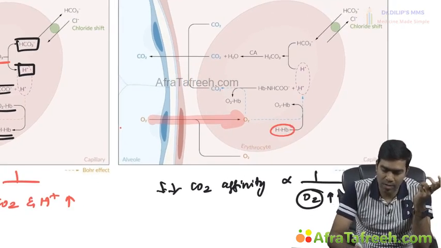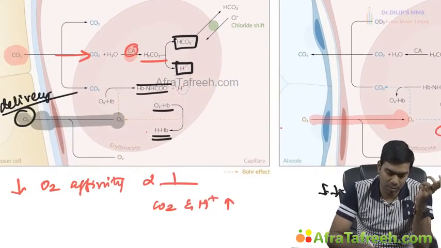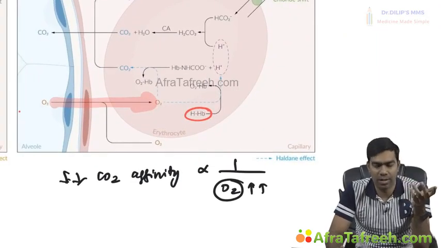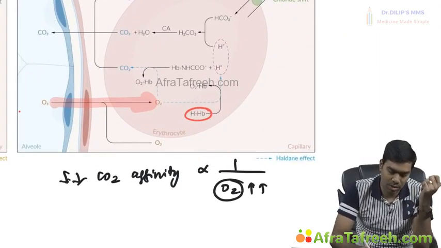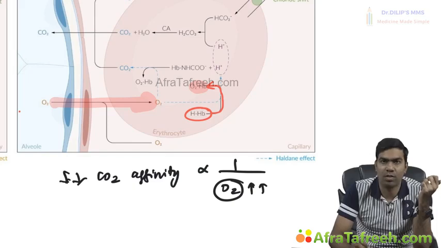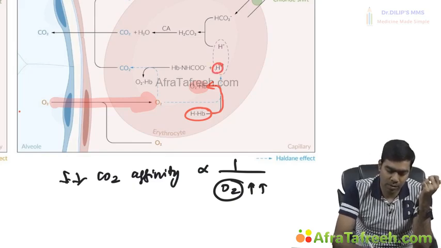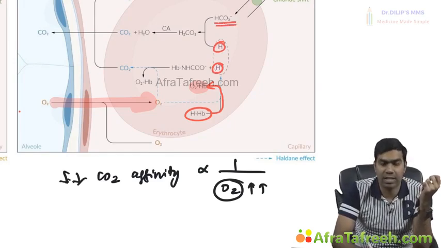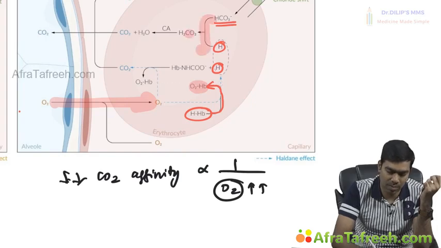This will convert the hemoglobin with the hydrogen ion that was already mixed during the previous peripheral tissue stage into oxyhemoglobin because of the mixing of the oxygen. This H plus is going to combine with bicarbonate within the cell to produce carbonic acid.